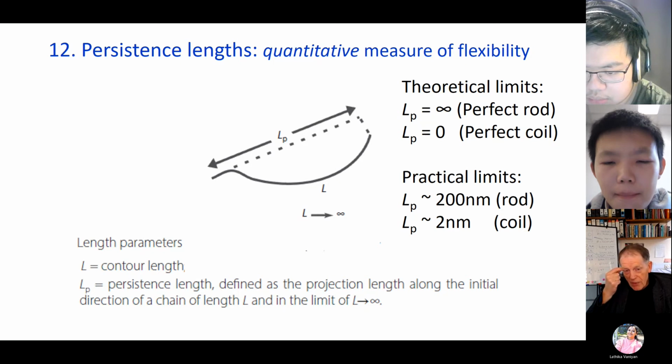So polysaccharides provide a good class of molecules to try out some of the things we've been learning about in terms of the Phys Chem lectures.